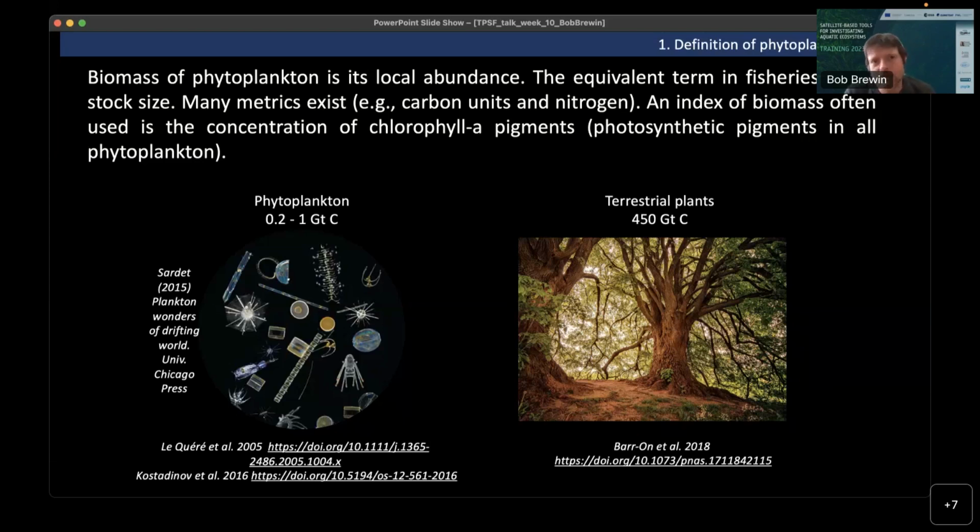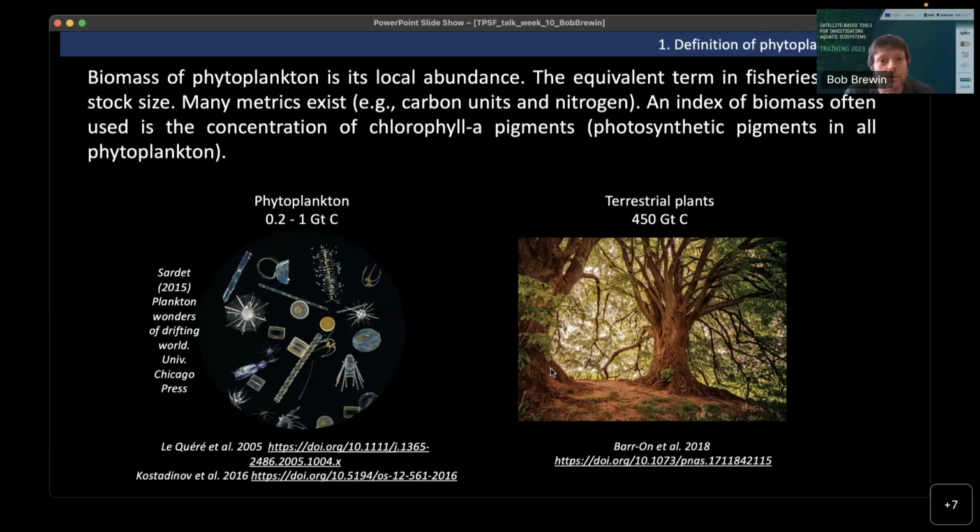However, there are some disadvantages with the metric of carbon in that it can be quite tricky to measure directly in the ocean. Now, in terms of phytoplankton biomass, it's interesting often to compare the stock of biomass, or the amount of biomass, of phytoplankton in the ocean with the amount of biomass of terrestrial plants on land.